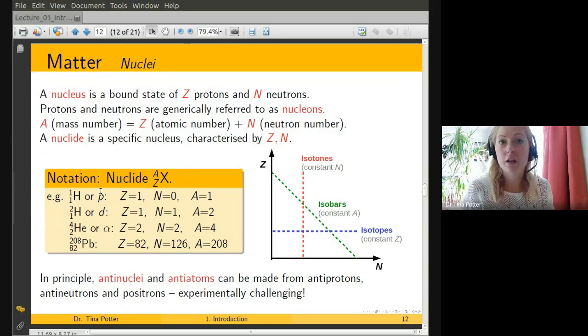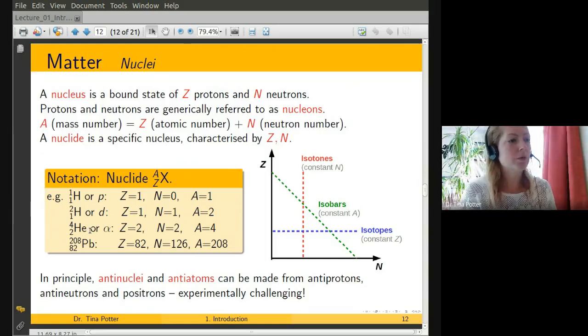We could add a neutron to that and have something that we call deuteron, or heavy hydrogen here. So we've got 1 proton, 1 neutron, a total of 2 nucleons here, and then just 1 because it's 1 proton there. So we can write that as 2 1 H, or just D for deuteron, not to be mixed up with D for the down quark. Usually we're dealing with the particle and nuclear physics quite separately, so hopefully we won't get confused there.